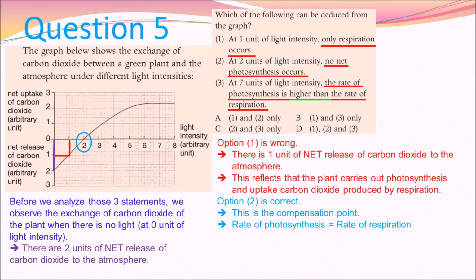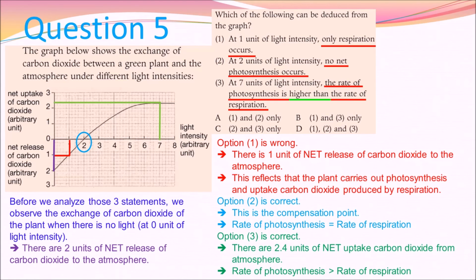So there is really no net photosynthesis, because the rate of photosynthesis is just the same as the rate of respiration. It's not faster, it's not lower than the rate of respiration. So the plant is carrying out photosynthesis. Yes, it's correct, but just no net photosynthesis.